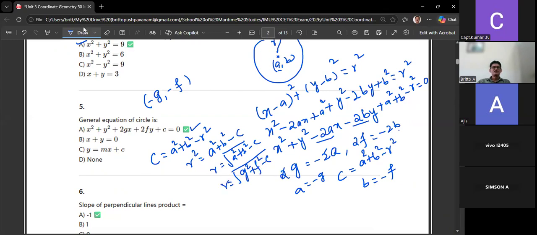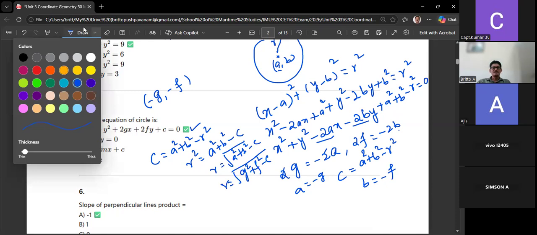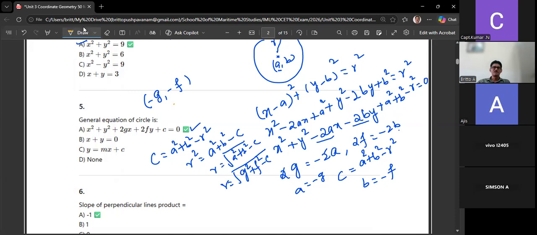So we should know the two formulas for the general equation of a circle: first the general equation, then the center (minus g, minus f), and the radius, the root of g square plus f square minus c. Here the question is only the general equation, but a question may come asking to find the center and radius, so we should know these formulas.